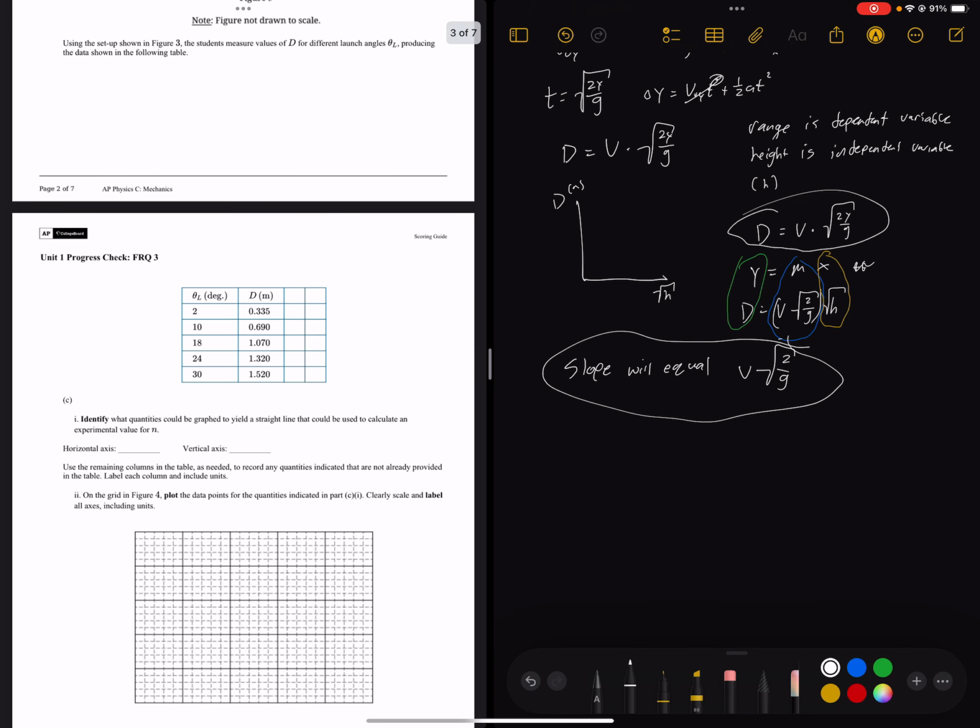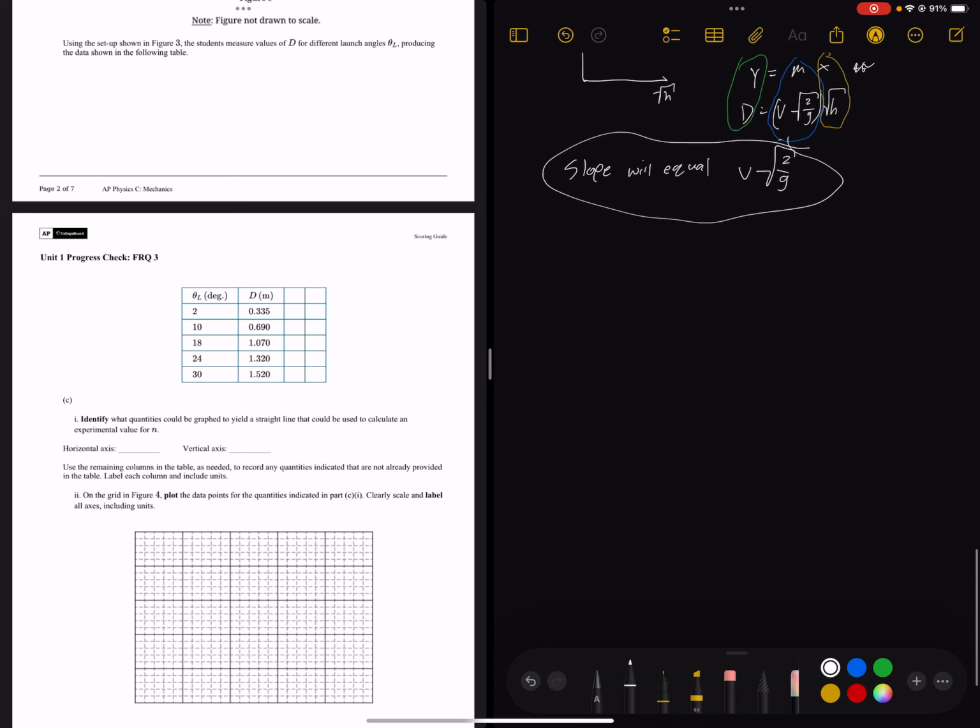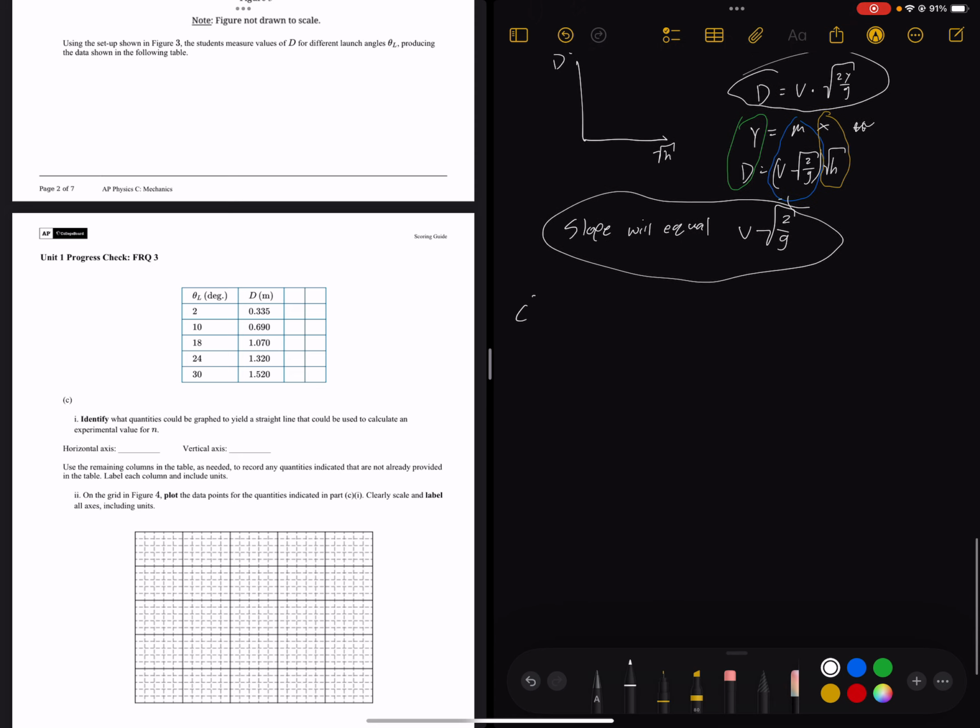But anyways, they have some data here. This is my different launch angles. I have my different ranges. And it says here, identify what quantities would be graphed to yield a straight line to be used to calculate an experimental value for n. So then you just have to, again, go through the equation. I have d is equal to v naught squared over g times the sine of n times theta L. I'm going to move this v naught squared over g to the other side.